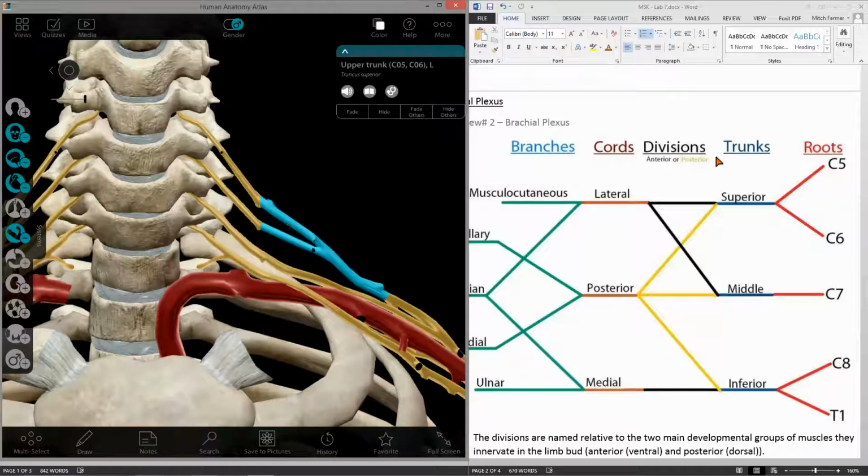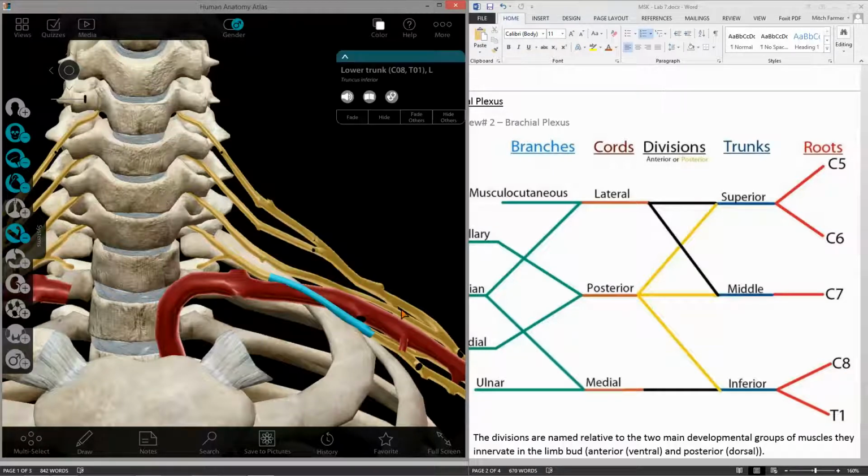The upper trunk, as you can see, is a combination of C5 and C6. So C5, C6 come together to form the upper trunk. The middle is formed entirely by C7. And then the lower is a combination of C8 and T1. All right? So upper, middle, lower.